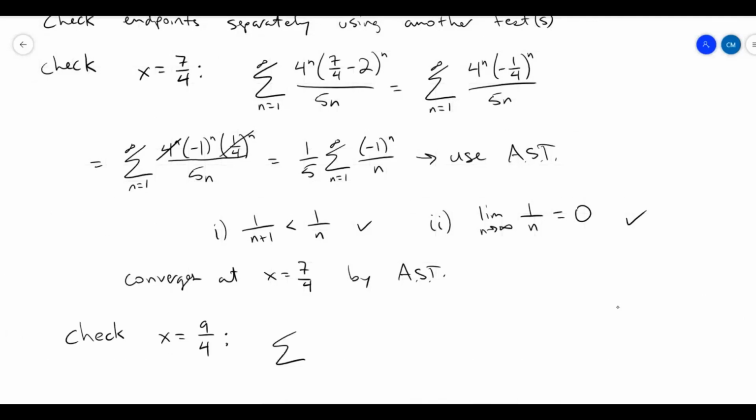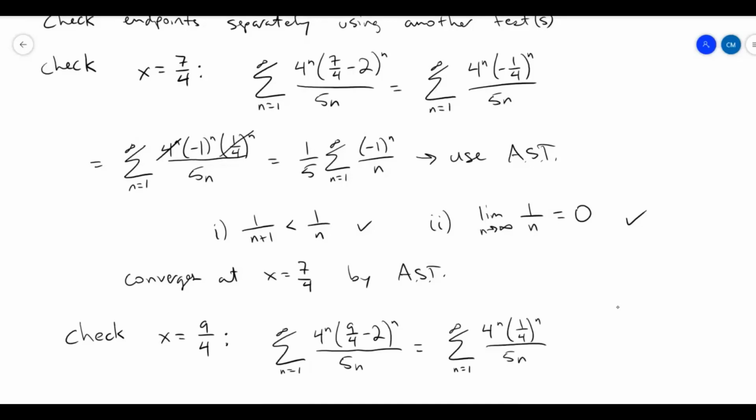I take the power series that I was given, and I plug in the number 9/4. So 9/4 minus 2. Well, what's 9/4 minus 2? 1/4, positive 1/4. So I get 4 to the n times 1/4 to the n.